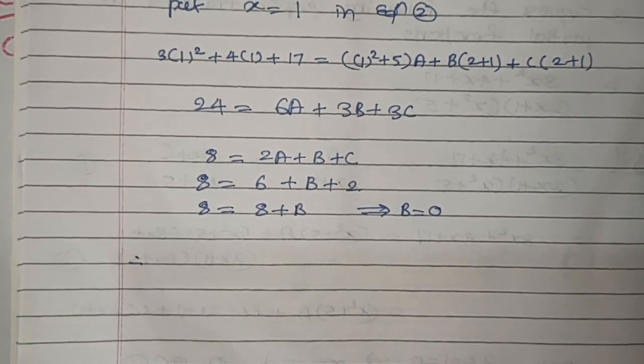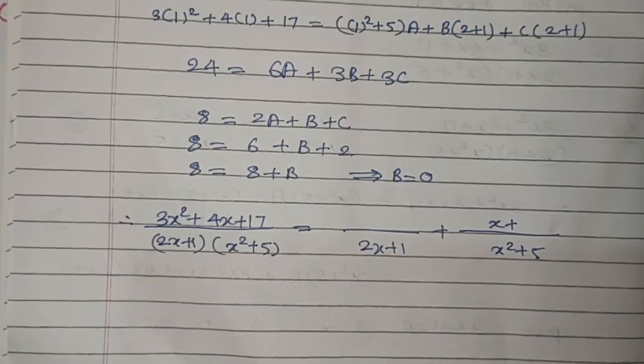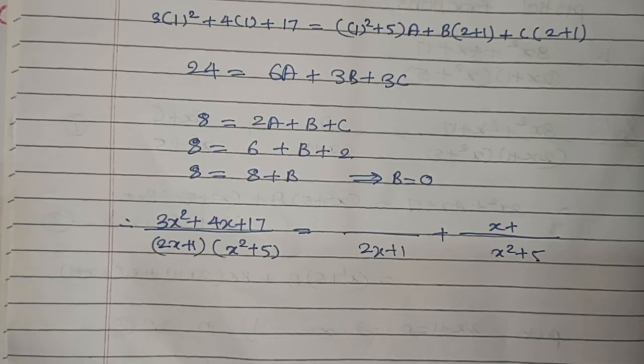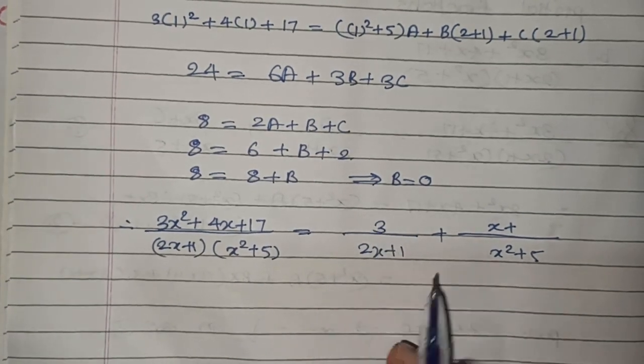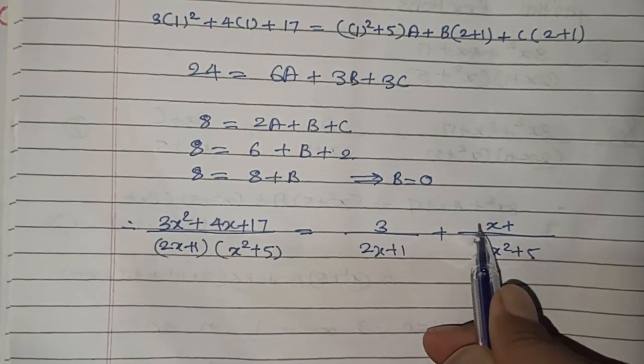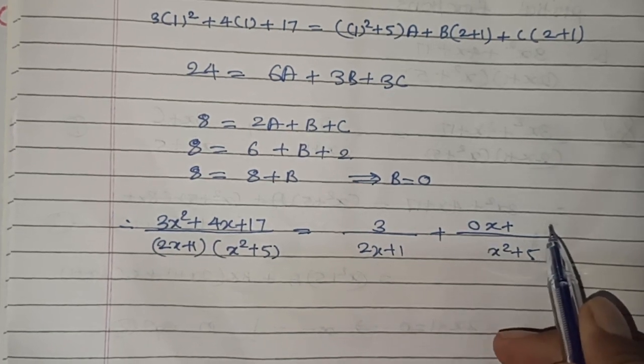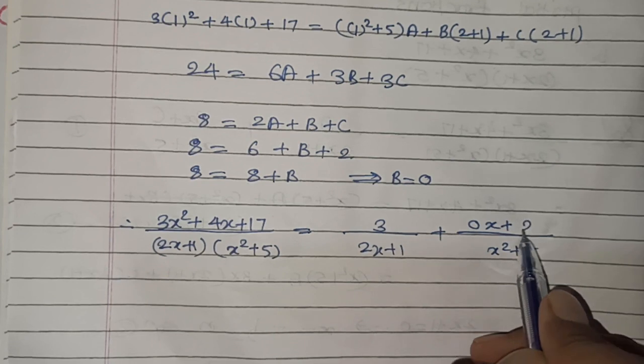And hence finally we get our answer as, put the value of a, b, c in equation number 1 now. a is 3, so 3 upon x plus 2. b is 0, so bx plus c, c is 2.